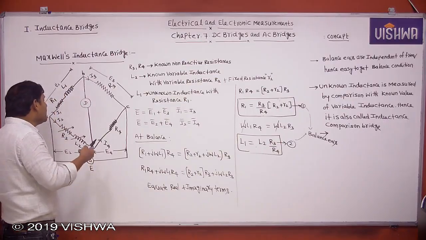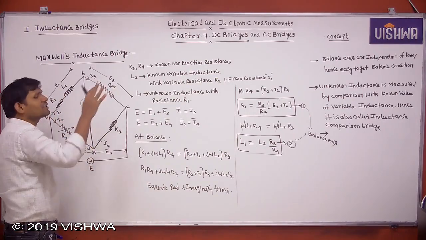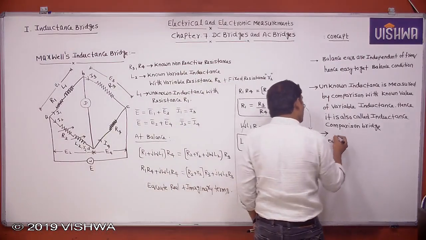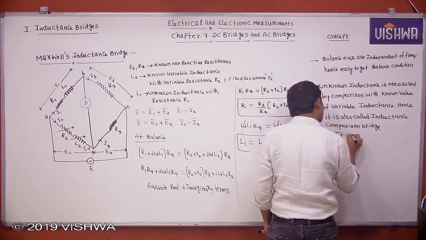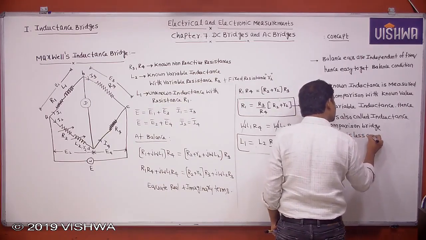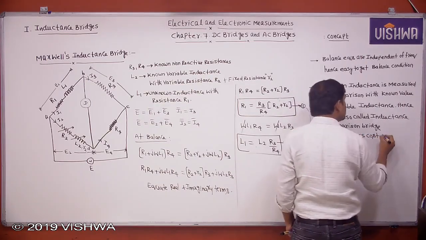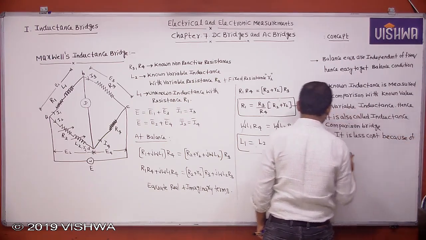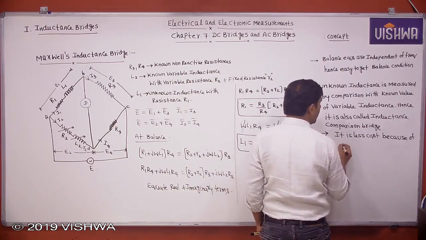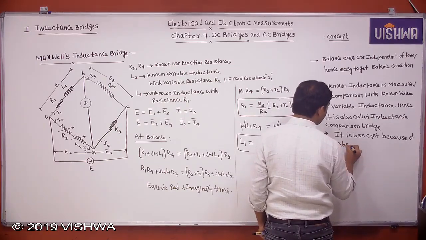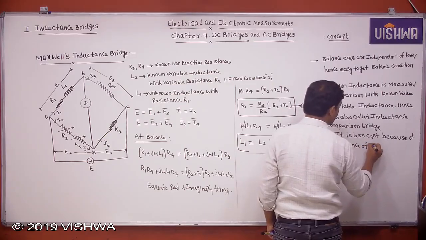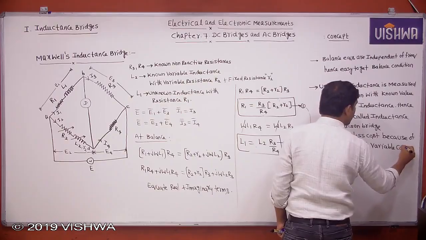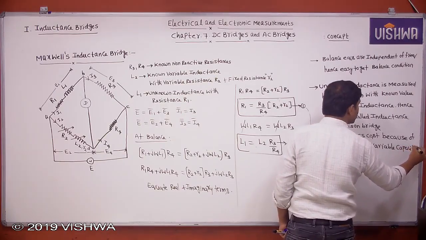In the Maxwell's inductance bridge, there is not even a fixed capacitor. That's the reason it is less cost, because of the absence of a variable capacitor. That's why this bridge is less cost.